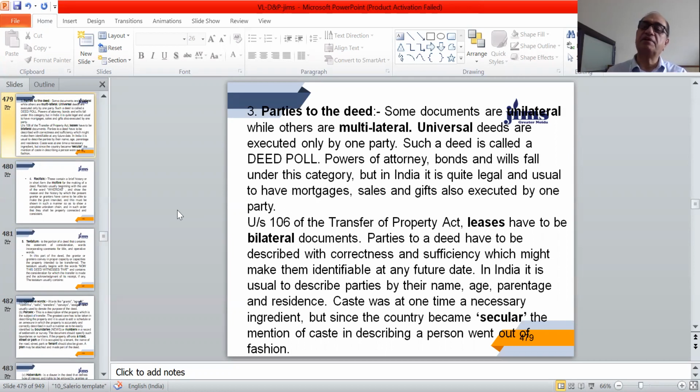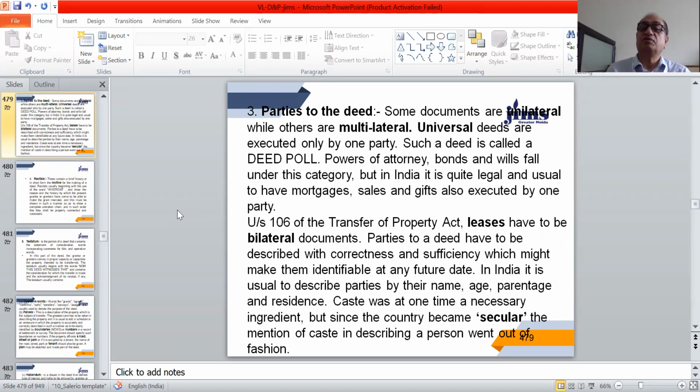Sale deed can be drafted unilaterally also because it is a seller who has to sell the property. The signature of the seller is important, not the signature of the purchaser. So sale deed can be drafted in a unilateral fashion also and bilateral fashion also, where the signatures of seller as well as purchaser both are obtained on the sale deed.